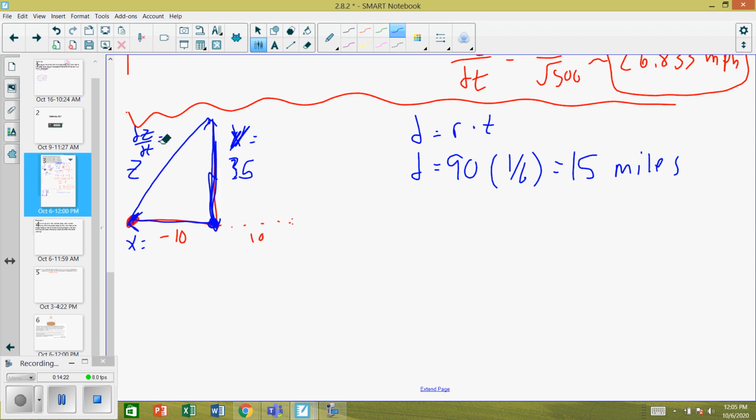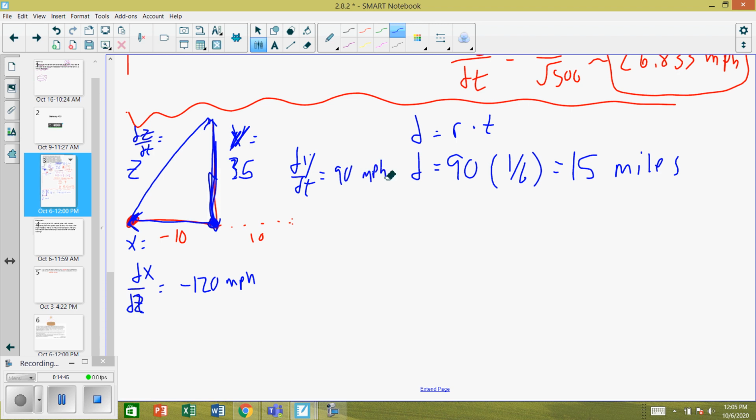It just happens to be 10 minutes later. dx over dt is still the same. It's still negative 120 miles per hour. And it's still the same for y. dy over dt is positive 90 miles per hour.